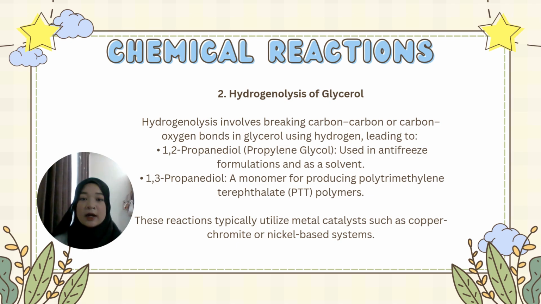The second compound is 1,3-propanediol, which is used to make PTT plastic, which is a type of polyester. To carry out hydrogenolysis, we usually use metal catalysts like copper chromite or nickel-based systems. This process helps turn glycerol into useful chemicals for industry.